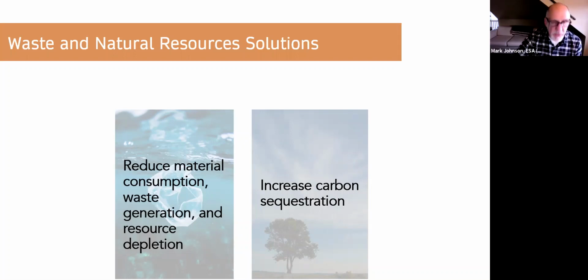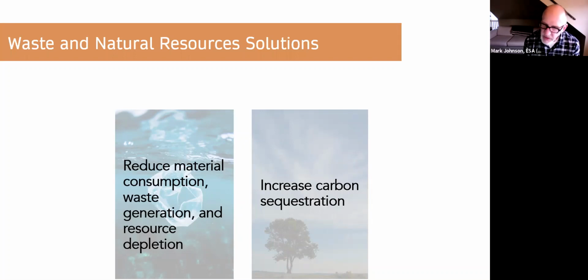Then the other thing that we can do is carbon sequestration, and there was a very concerned populace in the city about keeping the trees that are there and increasing the urban tree canopy as a means of carbon sequestration. And so we included that.